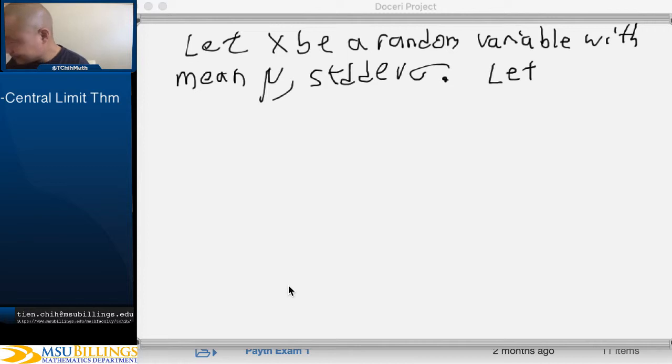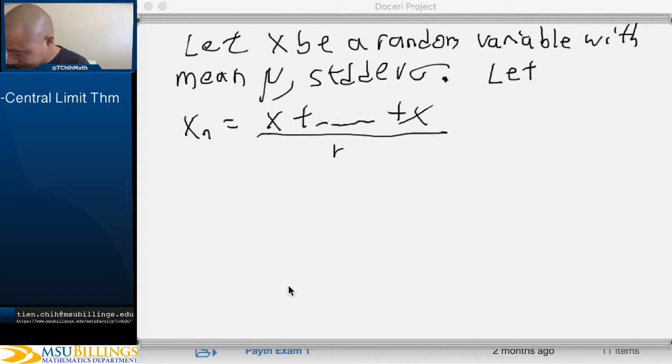Let's say xn is the average of n copies of x.